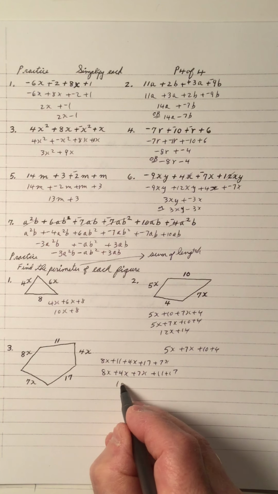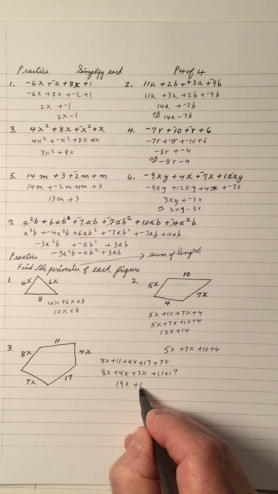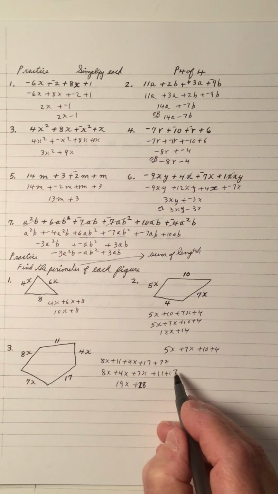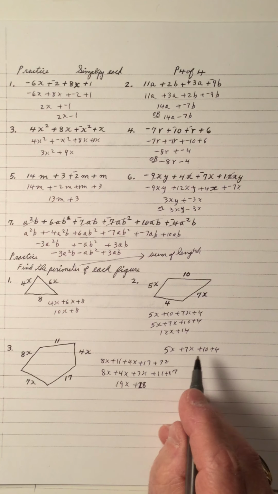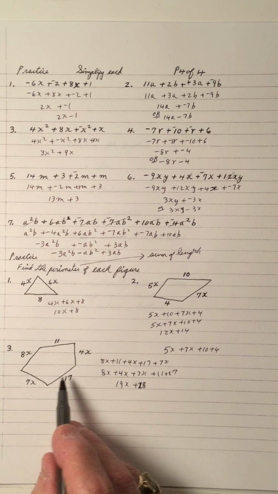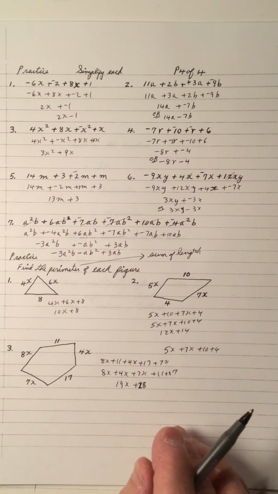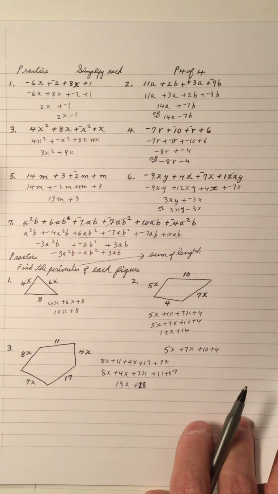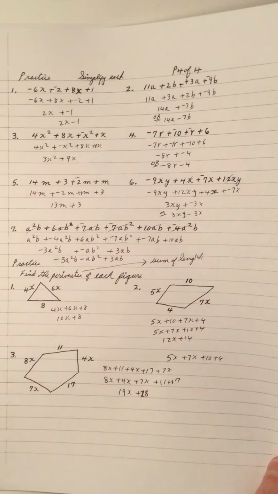And 19x and 28. 11 and 17 is 28. So that's how you add the like terms when you're adding or simplifying these expressions.